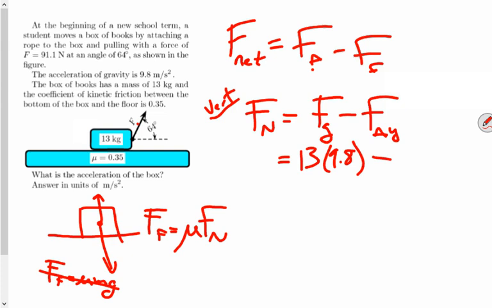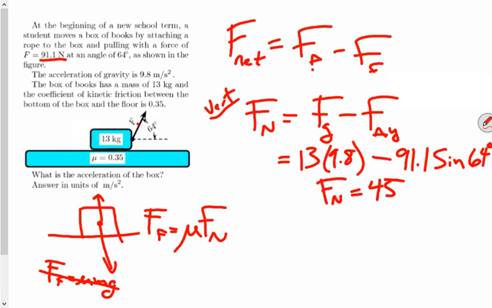So this will be the force applied, which in my case is 91.1, times sine of my angle, which is 64 degrees. I get that to be 45.5. So the normal force is going to be equal to 45.5.